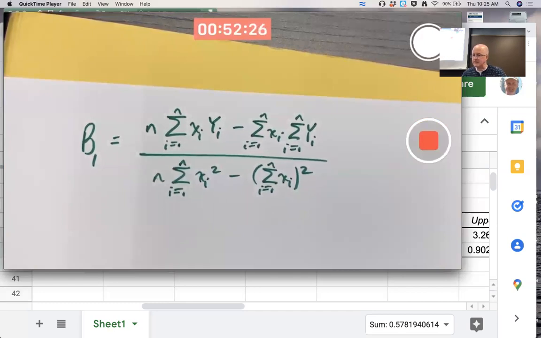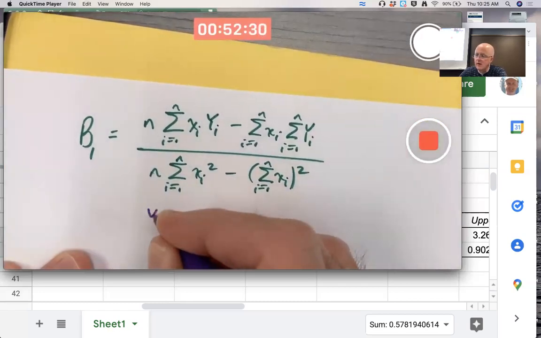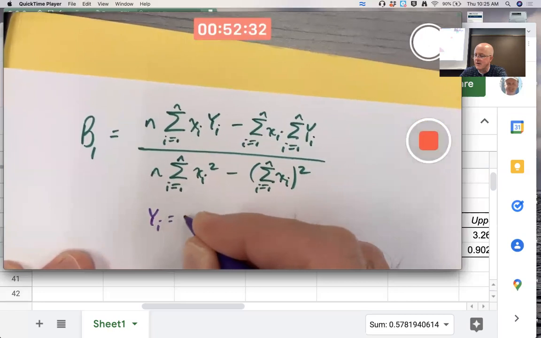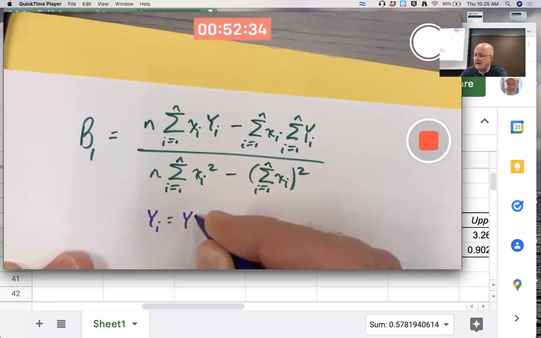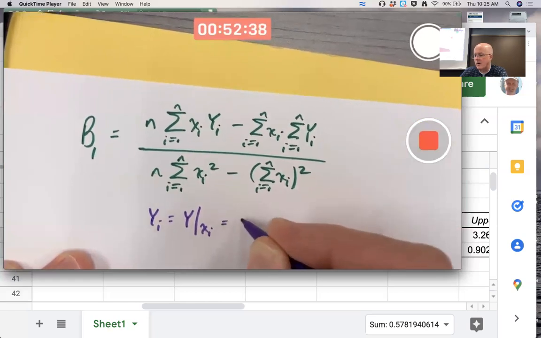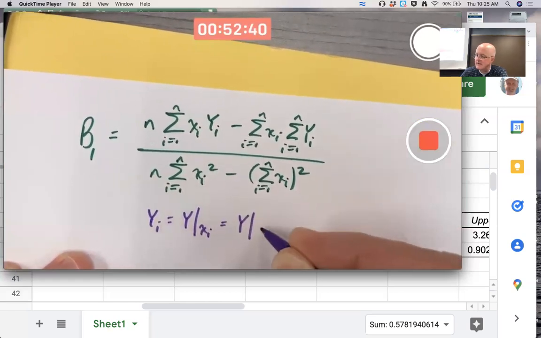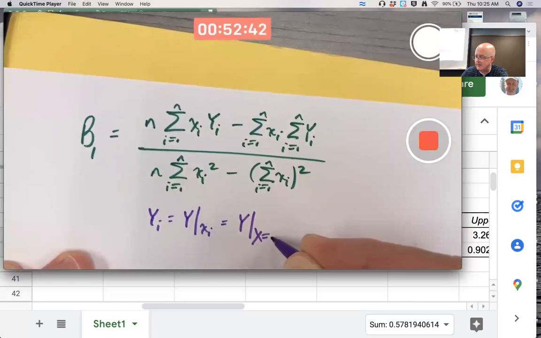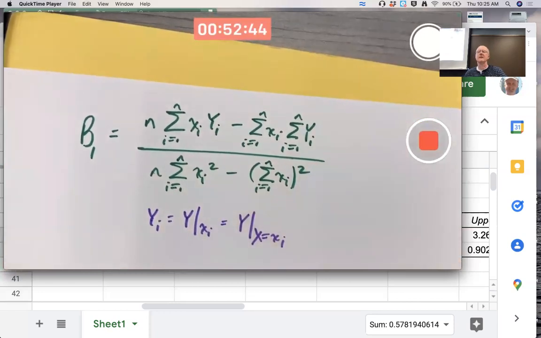Yi given, or you might say y given x equals xi. You might even write this: Yi is y given xi, or you might also write that as y given capital X equals little xi, to be a little bit more precise.